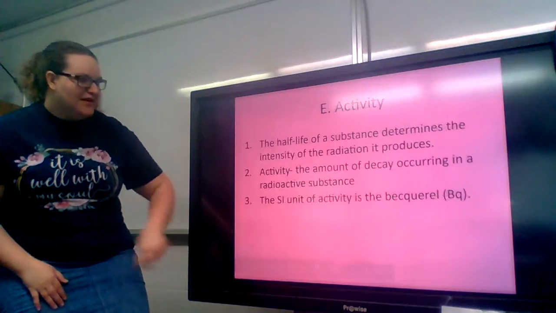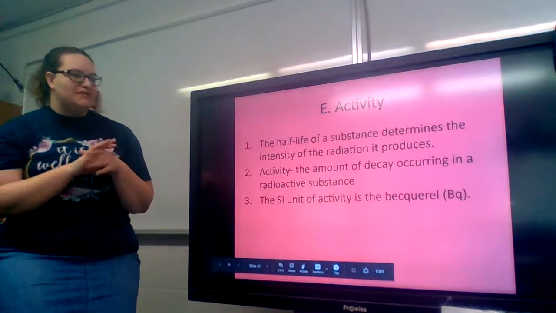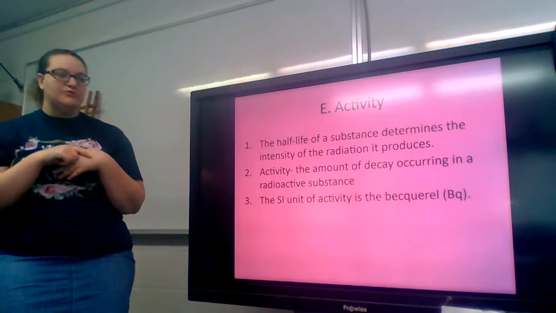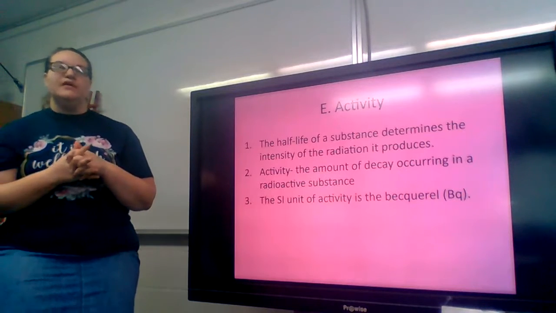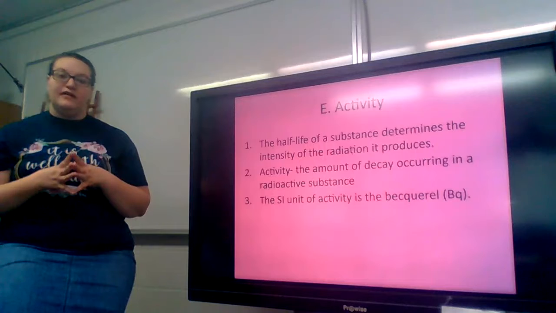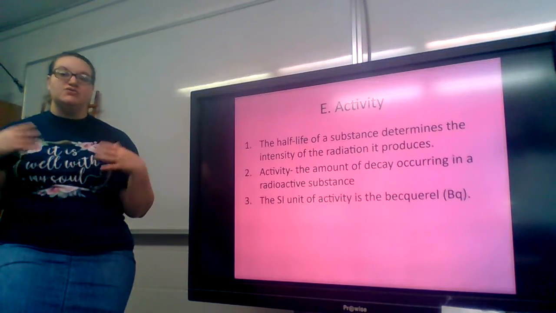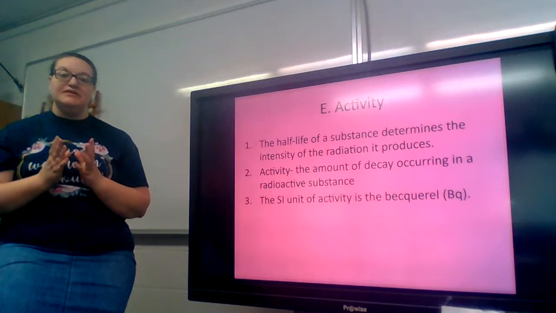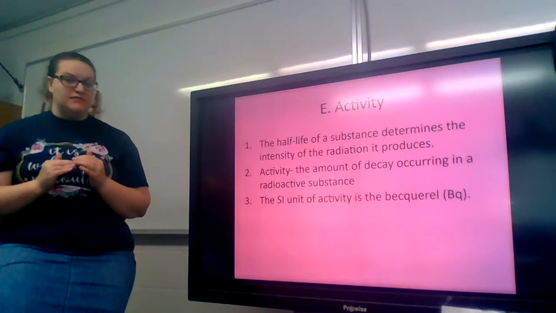Okay, activity. The half-life of a substance determines the intensity of the radiation it produces. The larger the half-life, if you're dealing with half-lives in years, then it's not going to be as strong as something in days, because if it's working in days, it's rapidly decaying.